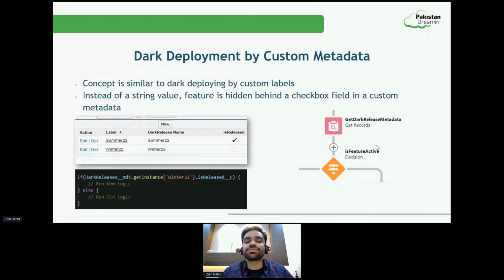Of course, if they're careful, it's not an issue. But still, to circumvent the problem, you can use custom metadata. It's better because you don't have to write anything in it. Whoever wants to turn it on, it's just a check field. And the same thing, you can use it in code, you can use it in flows and everything. So it really works.